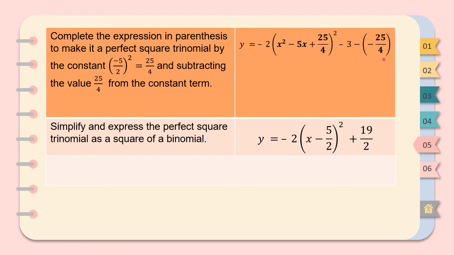Dito pong part, paano po nakuha na nagiging negative 25 all over 4? Ang i-add po natin, so this will become negative 2.